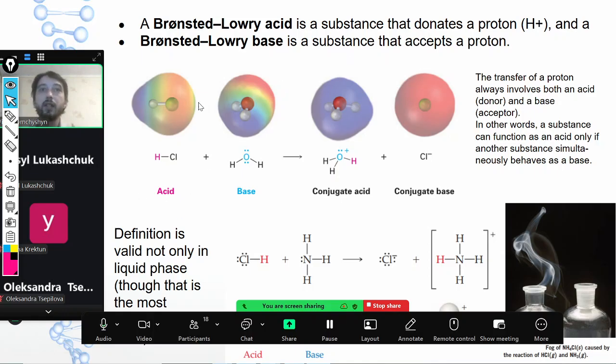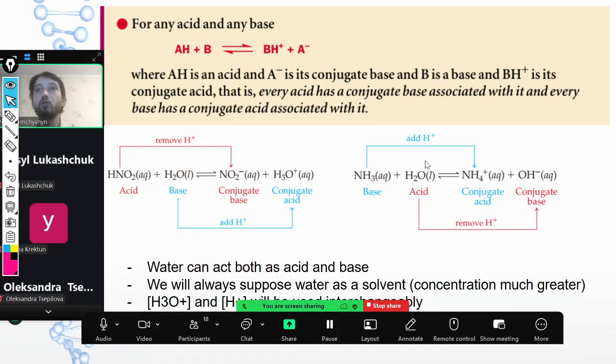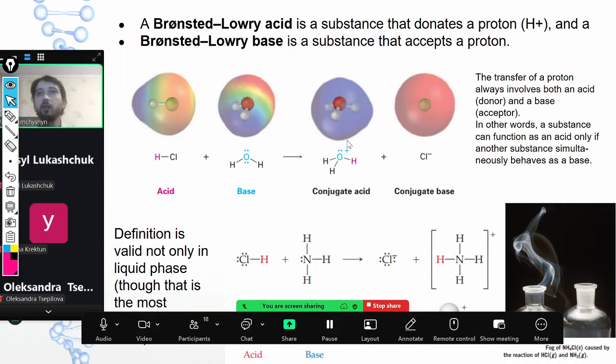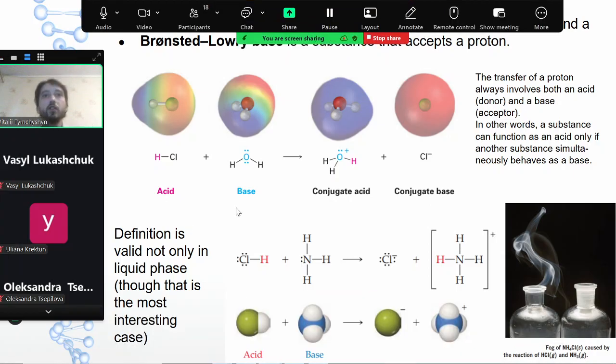So here is an example. Here is the hydrochloric acid, and here is the water acting as a base in this case, and hydrogen from the hydrochloric acid is basically transferred to the water, creating the hydronium ion and a chloride anion. This definition is valid not only in liquid phase, which is actually the most interesting for us, but in other phases as well.